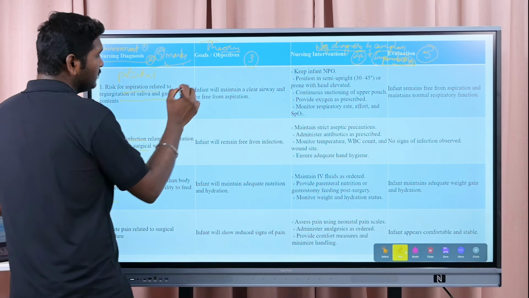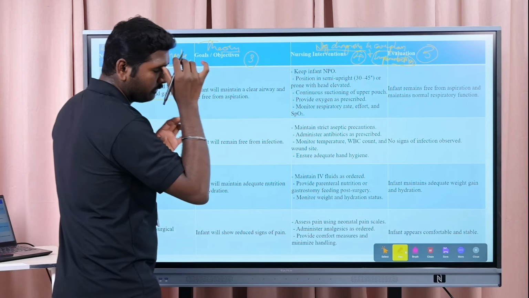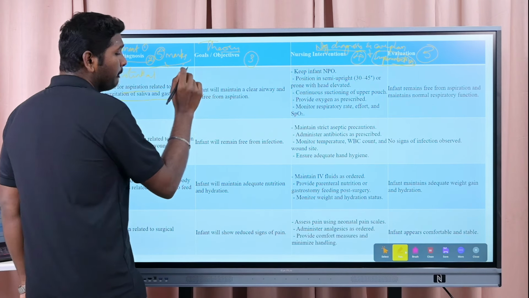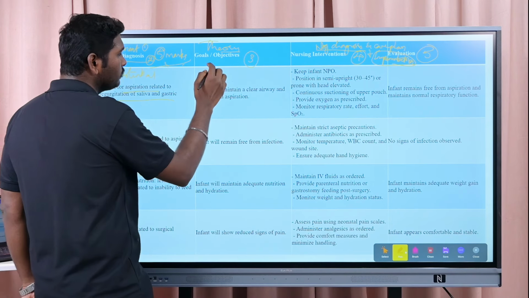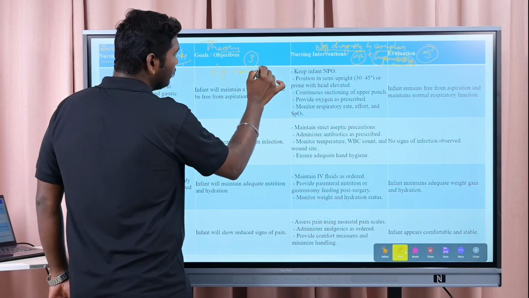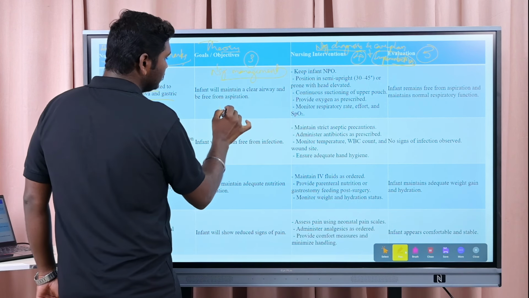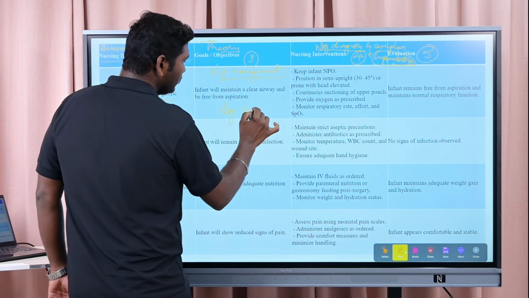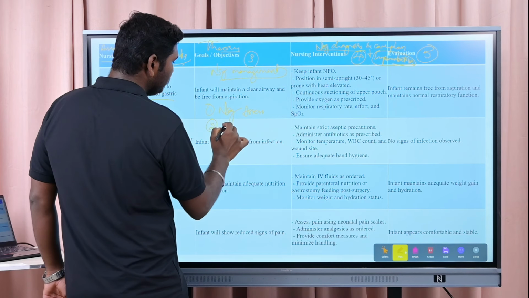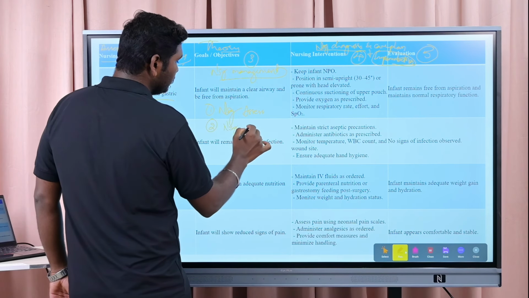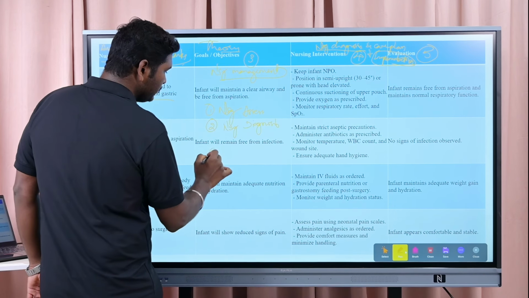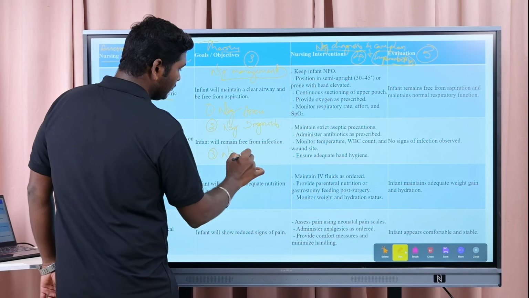Before proceeding, we have already discussed this in the previous videos as well. Whenever there is a nursing management or nursing diagnosis question, don't go directly with the diagnosis. Write something about the nursing management, where the first point is the nursing assessment, second will be your nursing diagnosis, and third will be your nursing care plan.